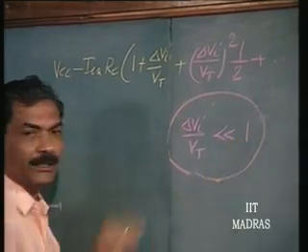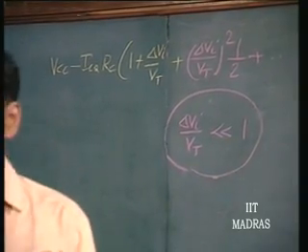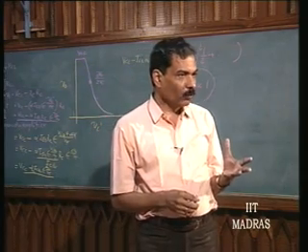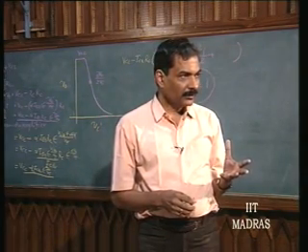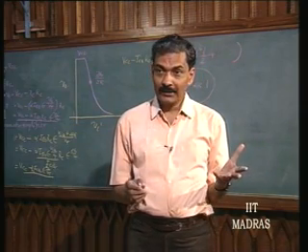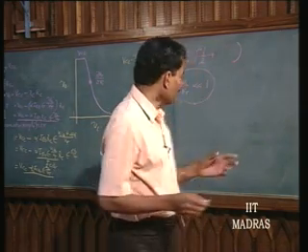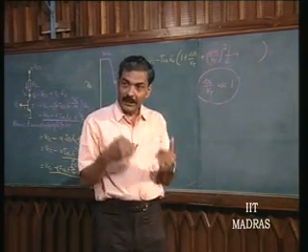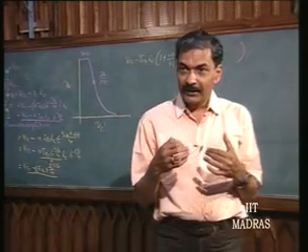So, this is an important relationship in the case of a bipolar transistor, that delta Vi by Vt should be much less than 1, okay, irrespective of the operating point. Okay. So, that means if delta Vi by Vt is very small, then the nonlinearity resulting in the exponent is going to be minimal.